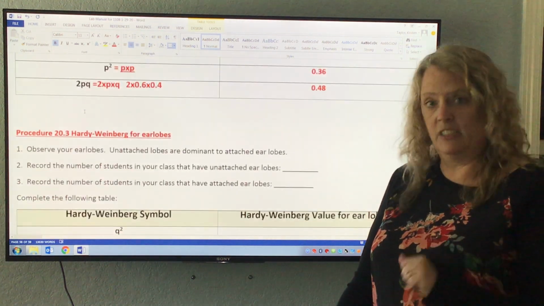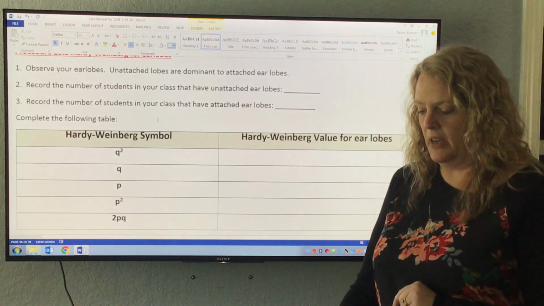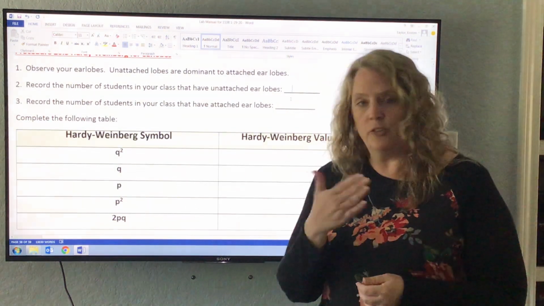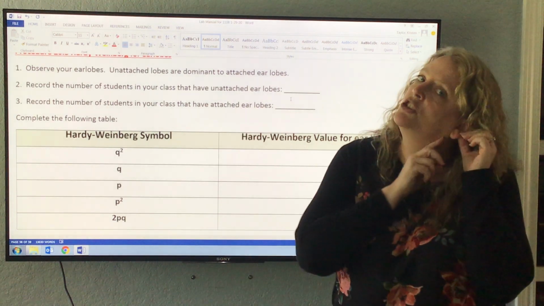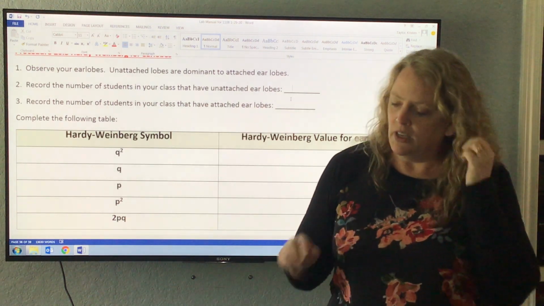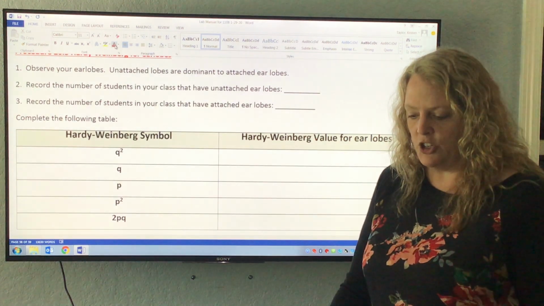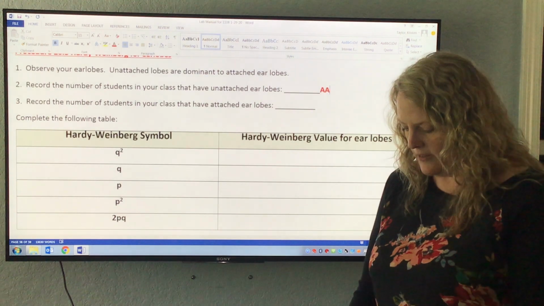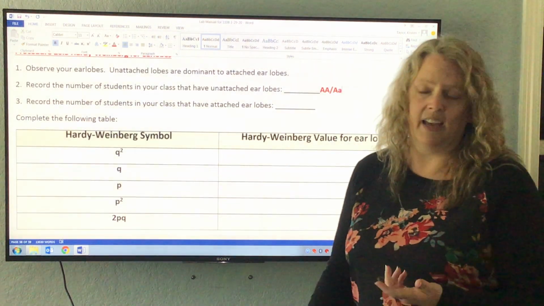Alright, so we're going to do this one more time. And I want you to do this yourself. And let me give you the numbers first. So if we were in class, we would go around the room and we would count the number of students that have unattached earlobe. The only way to have unattached earlobe is you have to be dominant. Okay? You have to be born either homozygous dominant or heterozygous.